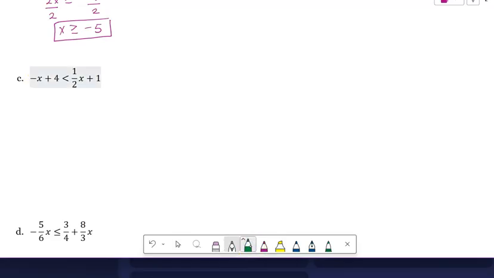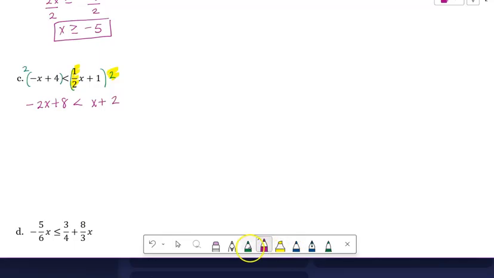So what I'm going to do is multiply both sides of this inequality by 2 so that I can clear the fraction. That'll be a negative 2x plus 8. And then 2 times 1/2, those are going to multiply to give me a 1, which is why I chose the 2 to clear that denominator. And so I'll have x plus 2.